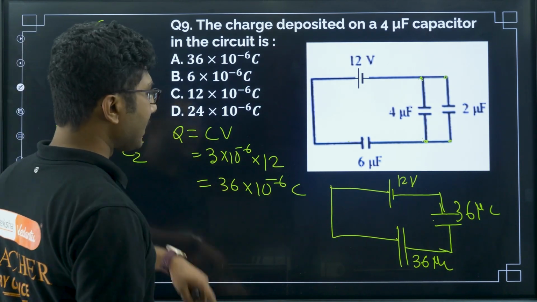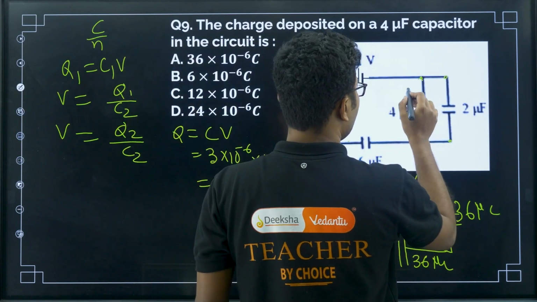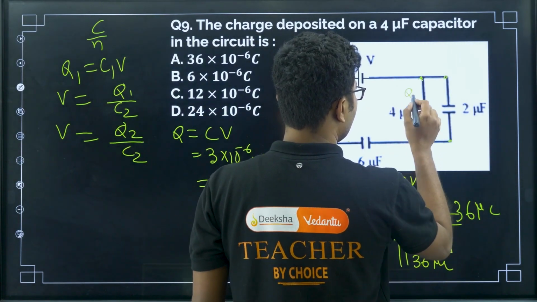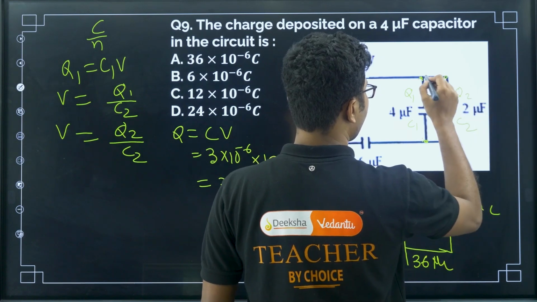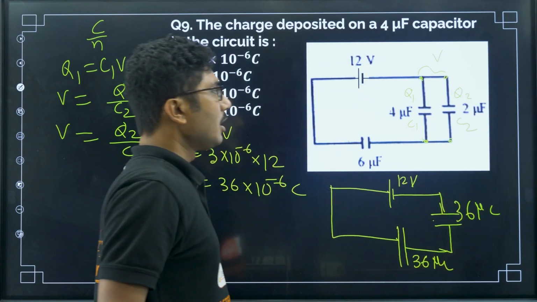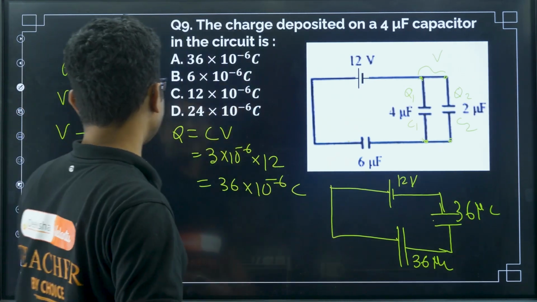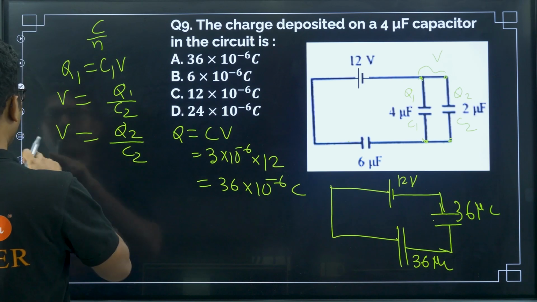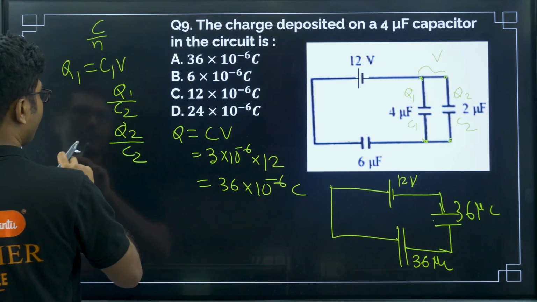Now Q1 plus Q2 is this value, right? So this is Q1, C1, Q2, C2. The potential across them is the same, that is V, right? In parallel combination, potential is the same. In series combination, charge is the same. Now we just need to compare them, and then you can calculate Q1 and Q2.